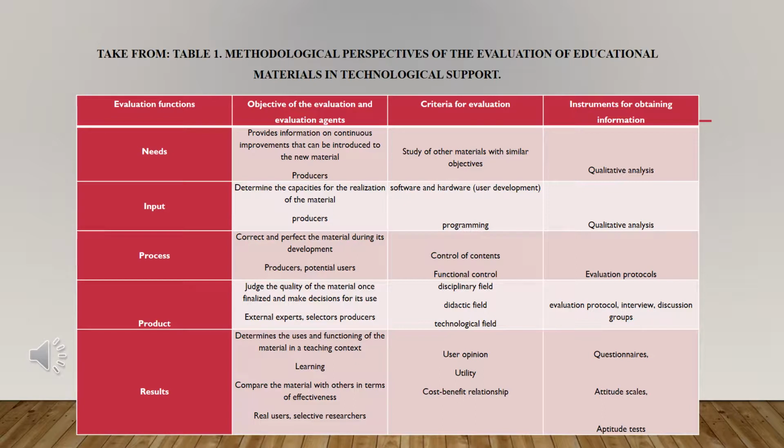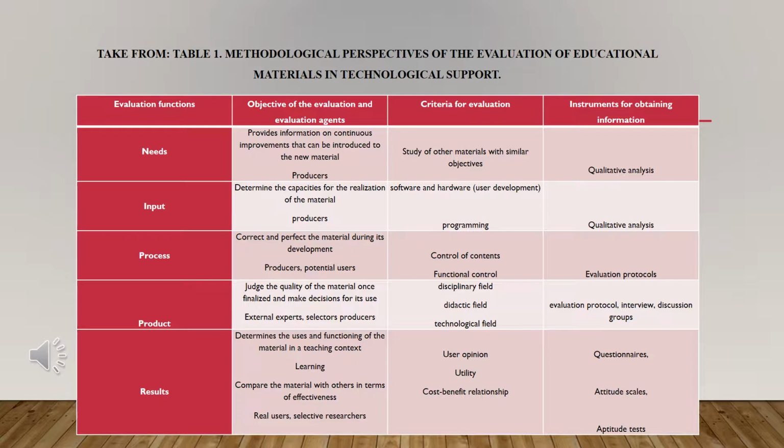Instrument to obtain the information: qualitative analysis. Input: determine the capacity for the realization of the material. Producer: software and hardware uses, develop programming and qualitative analysis. Process: correct and perfect the material during its development, with producing and potential user.